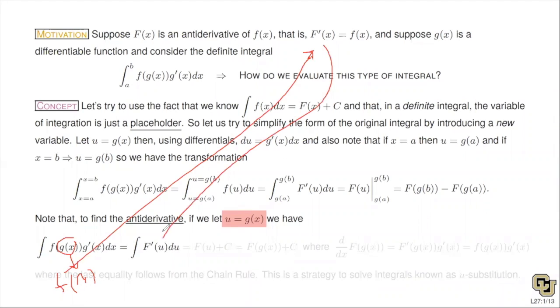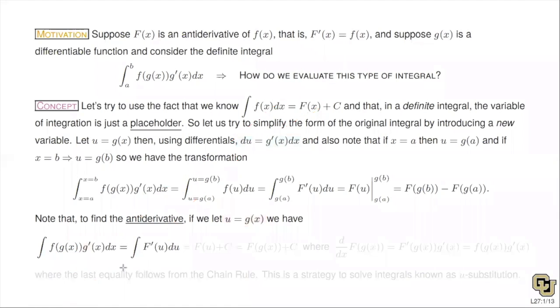So I'm replacing little f of the variable u with capital F prime of u. And as before, g prime of x dx is just equal to du by differentials. So here, g prime of x dx is just du.